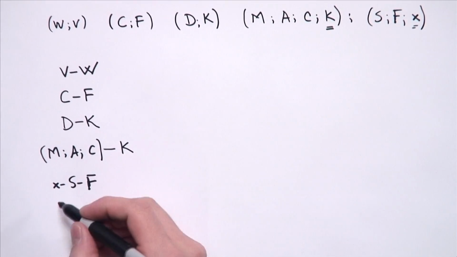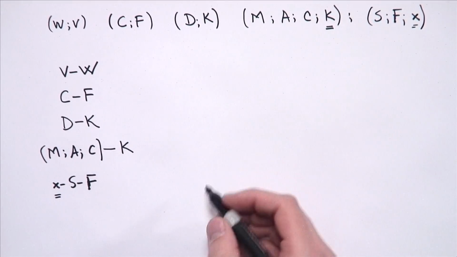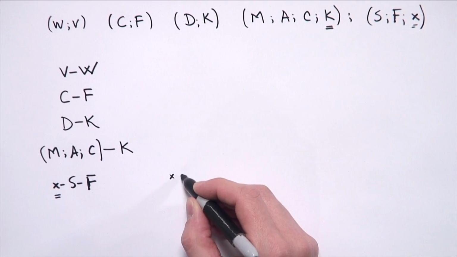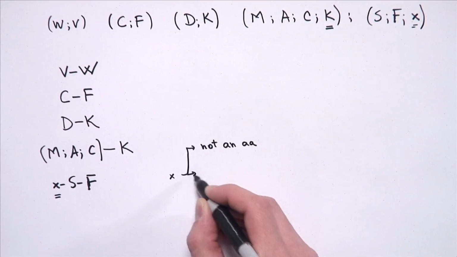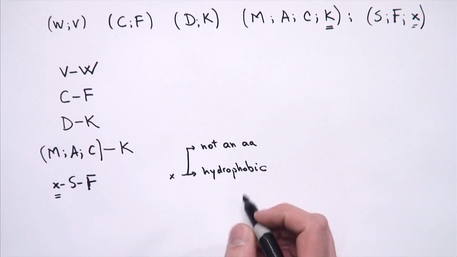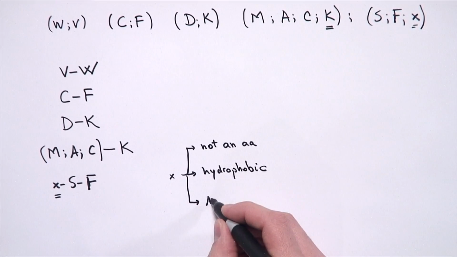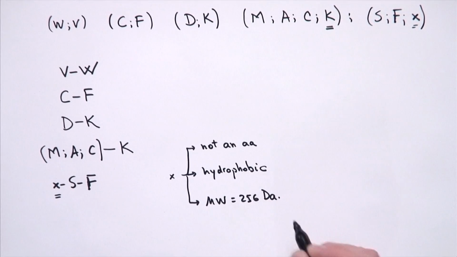Now, what about X? We're told that X is not an amino acid, and is hydrophobic, and it has a molecular weight of 256 Daltons.